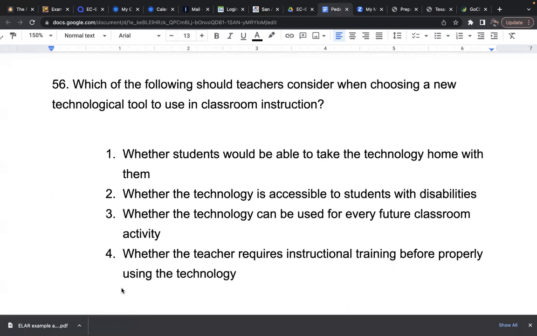Which of the following should teachers consider when choosing a new technological tool to use in classroom instruction? So what's the goal? What are we looking for?